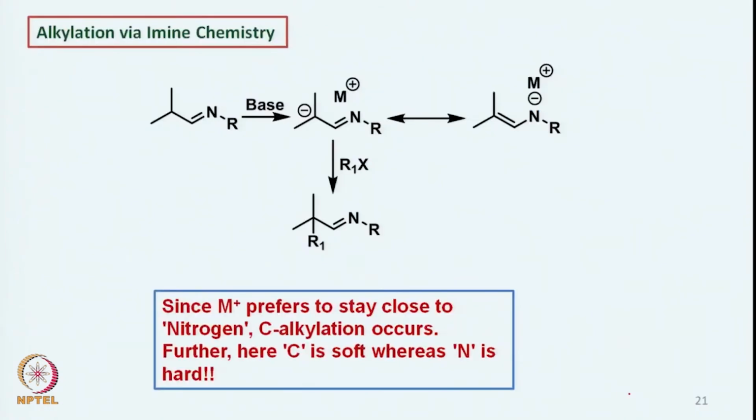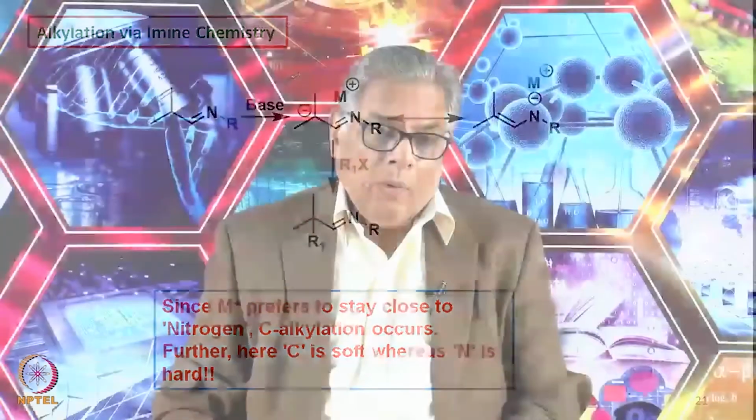Now, there is another way of using imine chemistry for CC bond formation. So far what we discussed was that we start with enolate based chemistry and then of course we can change into electron withdrawing group attachment alpha to that, so that CC bond formation can be done.